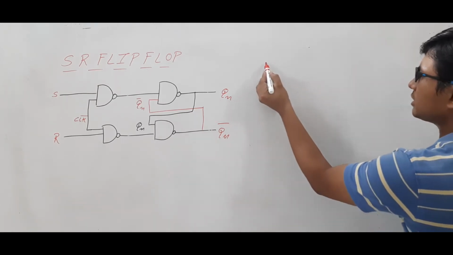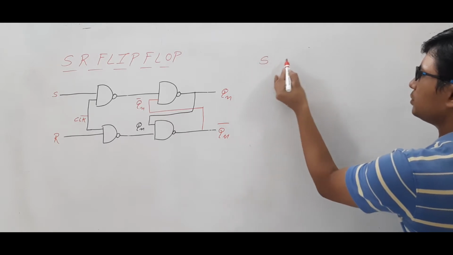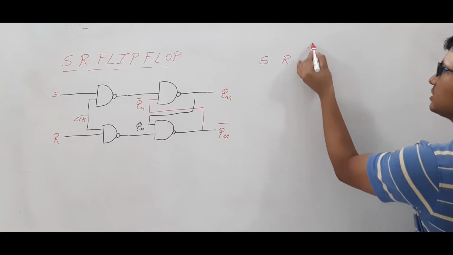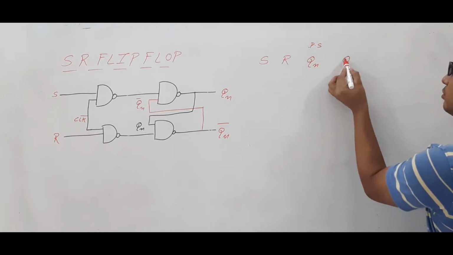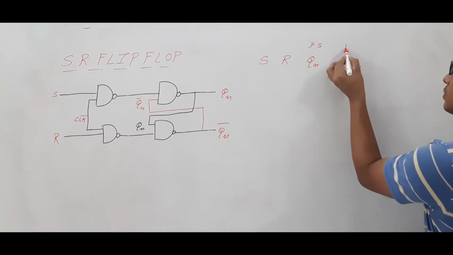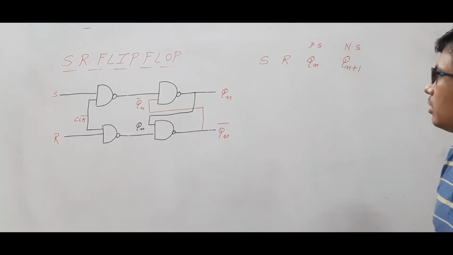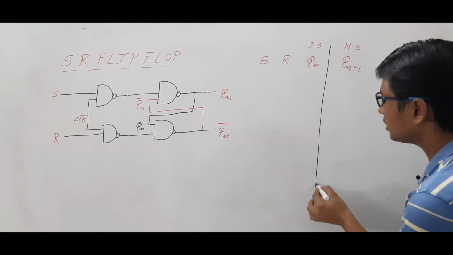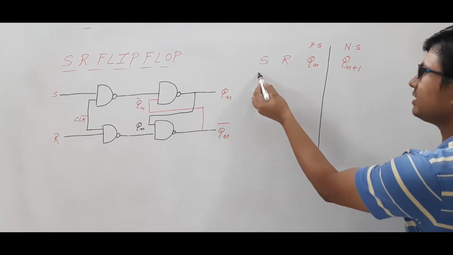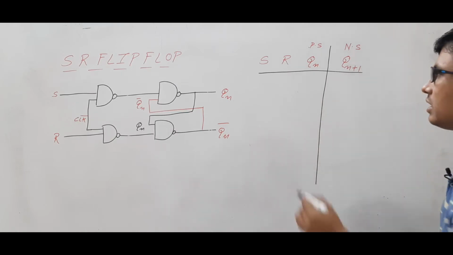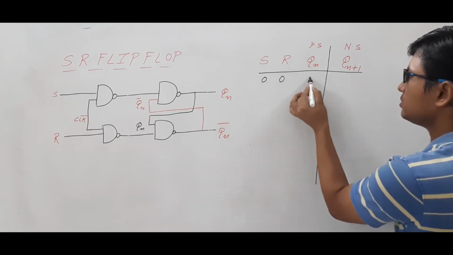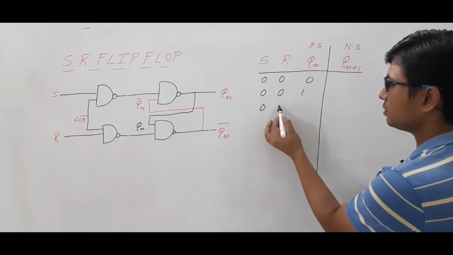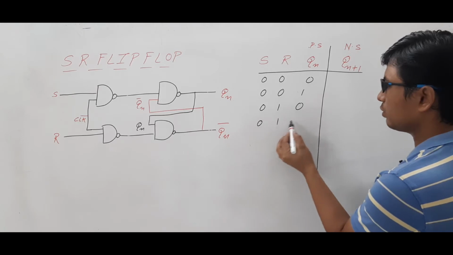Now let me draw its characteristic table. In its characteristic table, we will have inputs which are S, R and the Qn which is the present state. And I want to find the output which is Qn plus 1, which is the next state. Now if you tell me, if I have 3 binary variables, then how many combinations of inputs will I get? 8 combinations. What are they? 0, 0, 0; 0, 0, 1; then 0, 1, 0; 0, 1, 1.